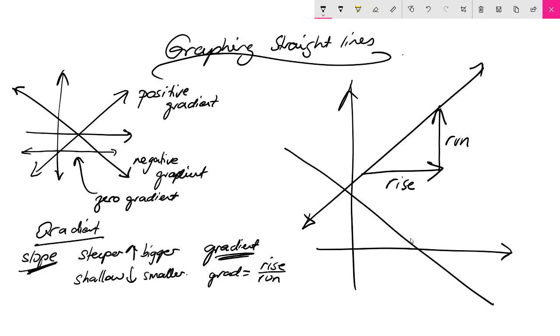If we have a negative gradient, like this line here, we still go across from left to right, but instead of going up, we go down for the rise. So the rise is going to be negative. We still go from left to right for the run. So we still have a triangle, but it's just going the other way.